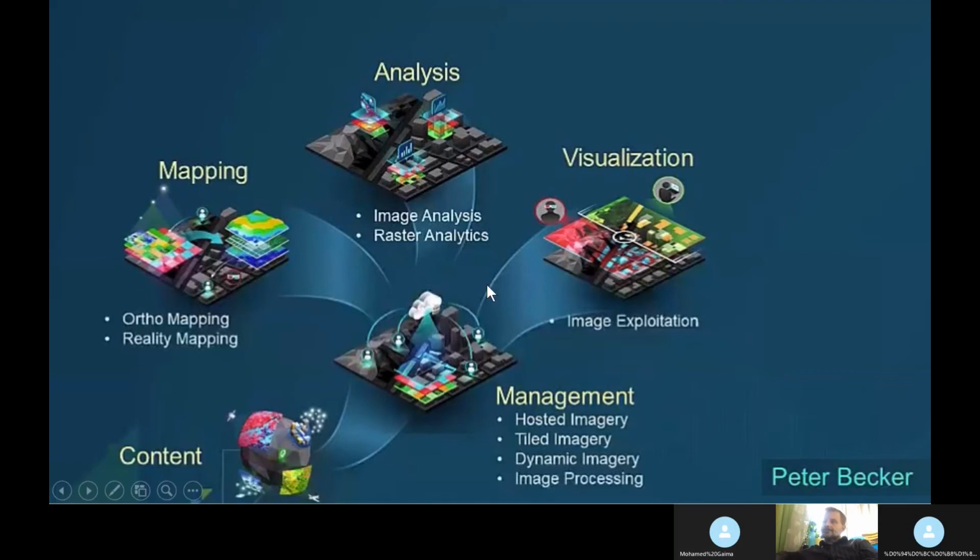And you can see in the picture that the modern approach says that we can create different products, for example, ortho mapping, to put all these features on a flat surface.